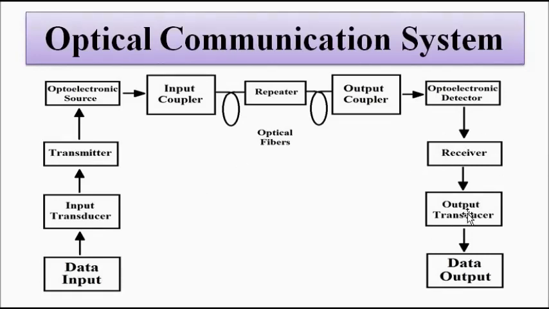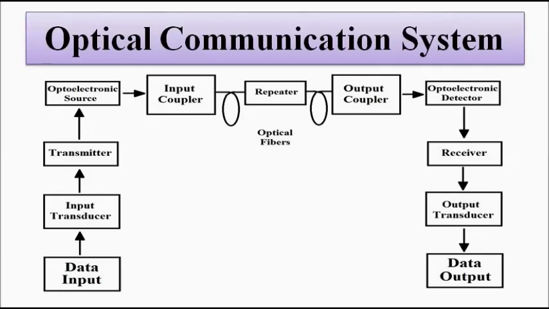Next we have the output transducer. The output transducer performs the opposite of that of the input transducer. It extracts the original data, be it an image, video, audio, or any files, and converts the electrical equivalent of that image, video or audio into the original form.